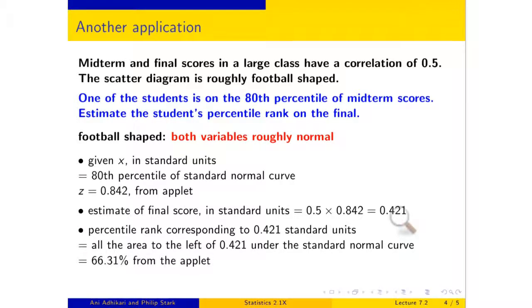And my applet says that's 66.31%. And that is the answer that I'm looking for. 0.421 standard units is my estimate. That has 66% of the area to the left of it, so the corresponding percentile rank is roughly the 66th percentile.